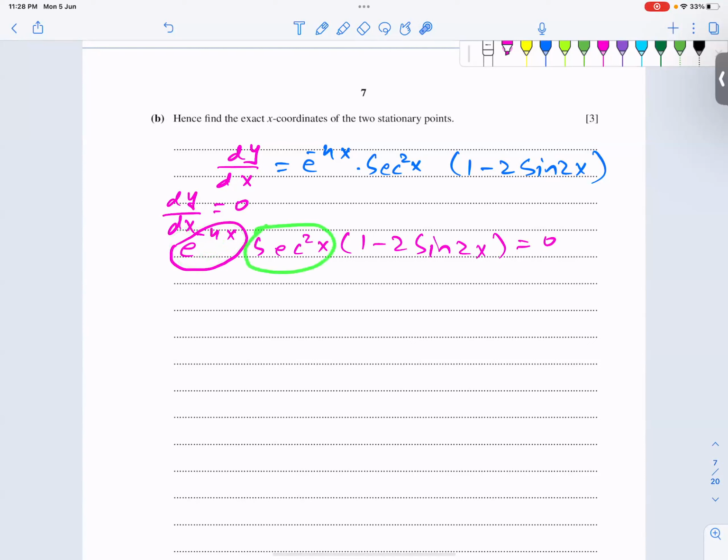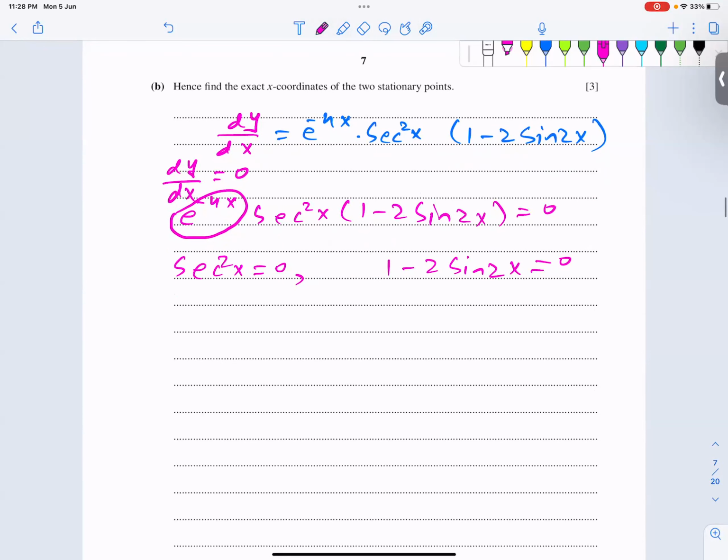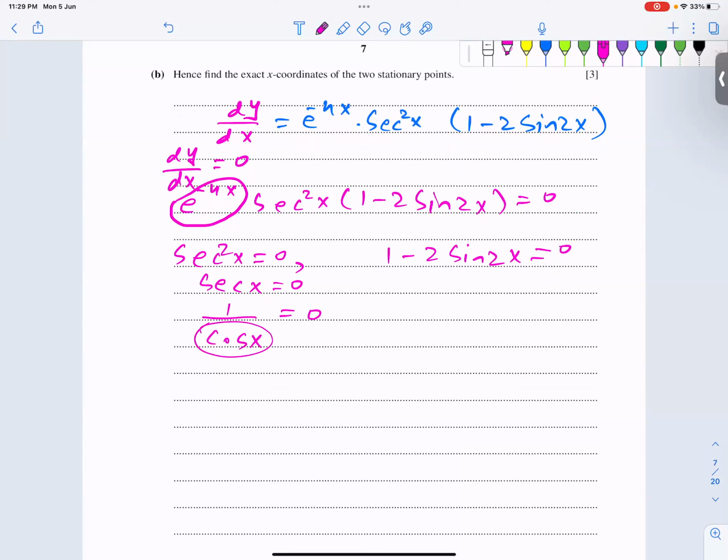Let's suppose secant square x is 0. Then secant x will be 0 if you take the square root on both sides. If I write secant as 1 over cos, then if you multiply cos on the other side, this will become 1 is equal to 0. So this is not possible. So secant square of x is also non-zero.